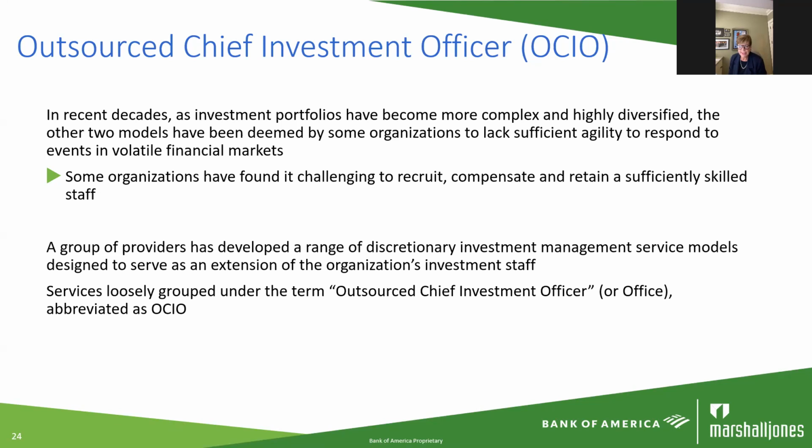For some nonprofit organizations, the OCIO may only oversee investments such as less liquid investments that are thought by the board or the investment committee to be too complex to be adequately overseen by the staff. For other organizations, the OCIO's mandate may extend to the entire range of assets in which the portfolio is invested.